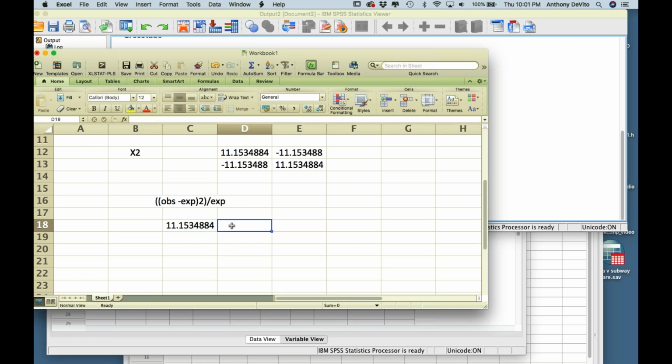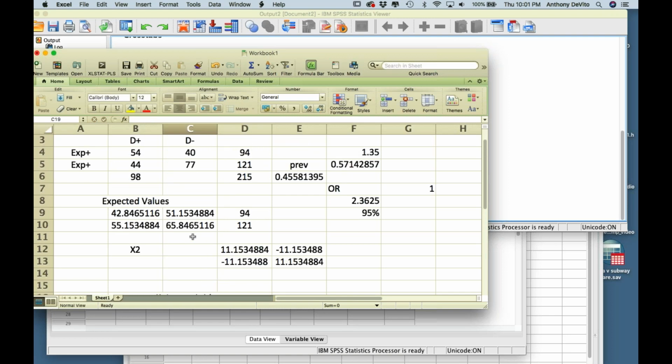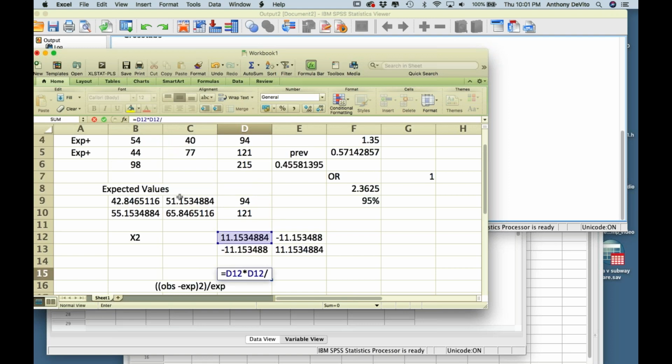This is the observed value minus expected value for each one of these over here. So down here, this is going to be equal to this value squared, observed minus expected squared, divided by the expected value.